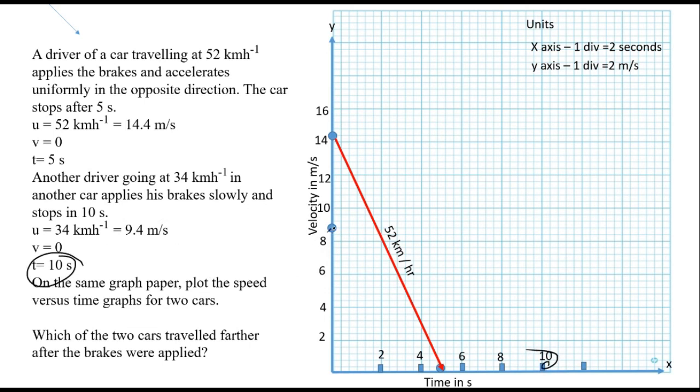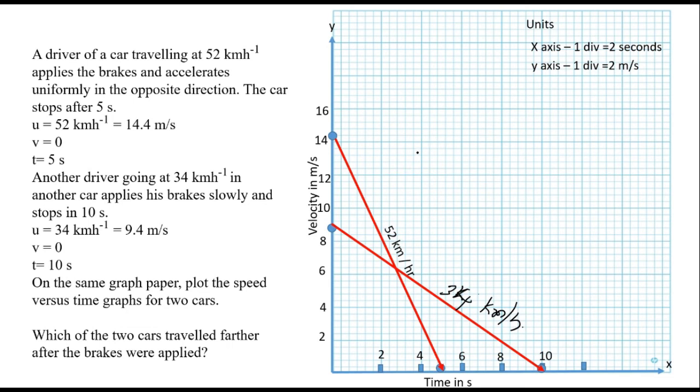So our next graph is this way, and this is the graph of a car which is moving at 34 kilometers per hour. So we have completed the graph, right?